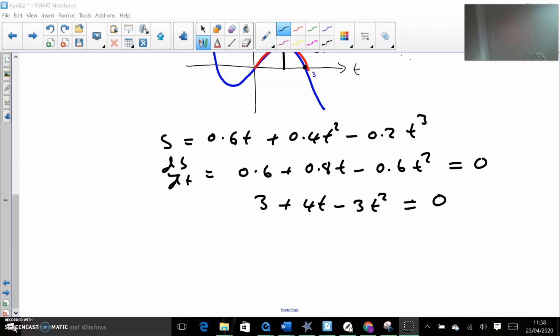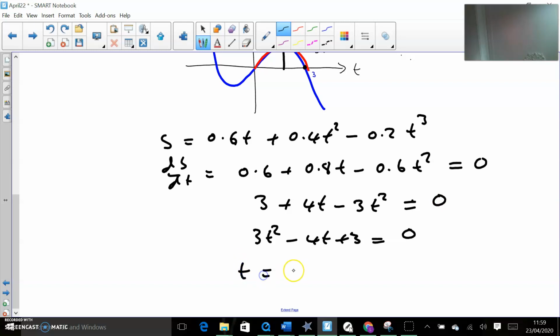Okay, well that's a quadratic. It doesn't factorise, so we'll use the formula. If I multiply by minus 1, I'll get 3t squared minus 4t minus 3 equals 0, which gives a positive t squared, and I can do that because I've got an equation, multiplying both sides by minus 1, so 0 on that side.